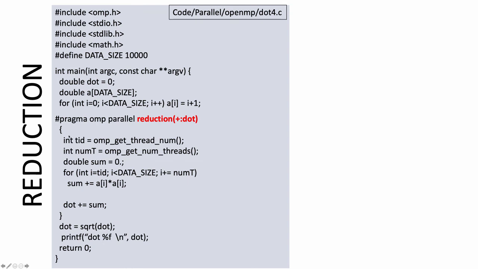And then the final way that we could implement this is using what's called a reduction. Here you just say that I'm going to be doing a reduction on the dot, the dot being this variable here, and it's going to be an addition. And then you don't have to put any OMP critical, it just does the same thing.